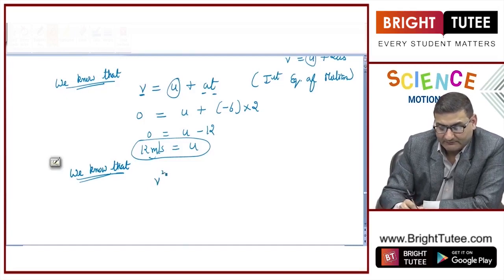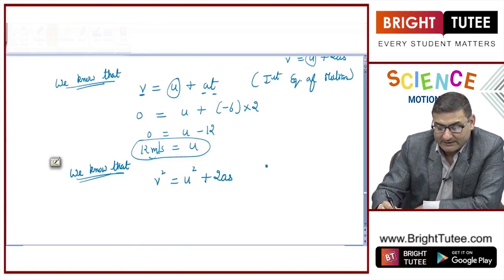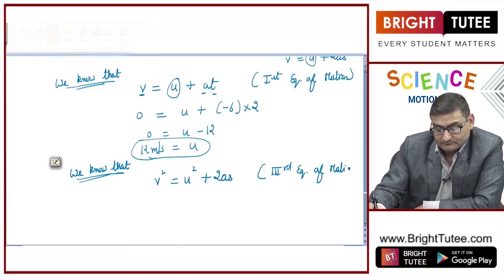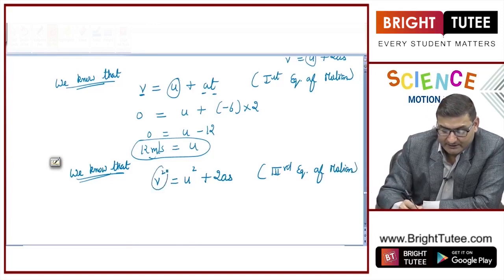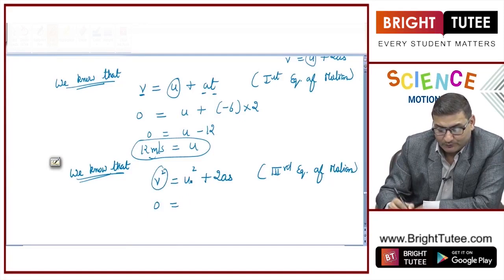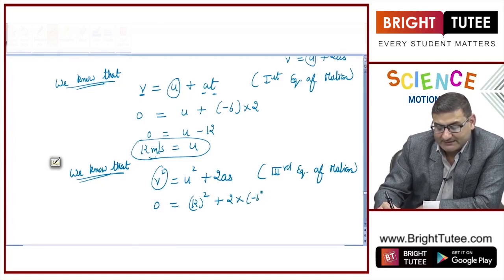We know that v square is equal to u square plus 2as as per the third equation of motion. Got it? V is 0, u we have just found to be 12, so 12 square, plus 2 into a, which is minus 6 in the question, multiplied by s.